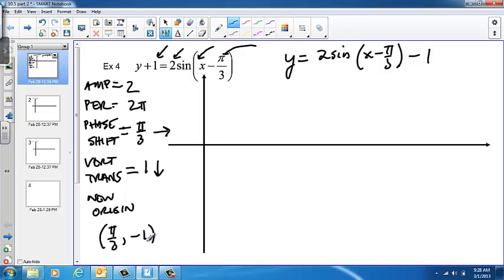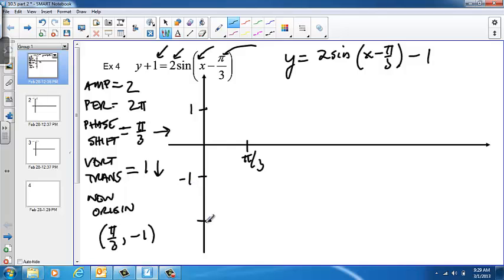So let's label our quadrantal values. We're starting at π/3. We want to graph one full cycle. Here's 1. Here's negative 1.